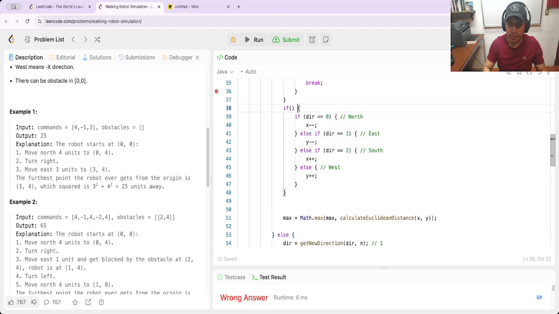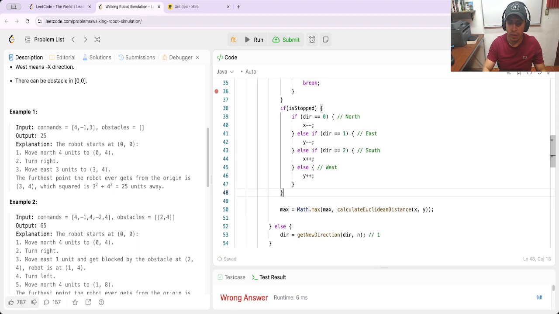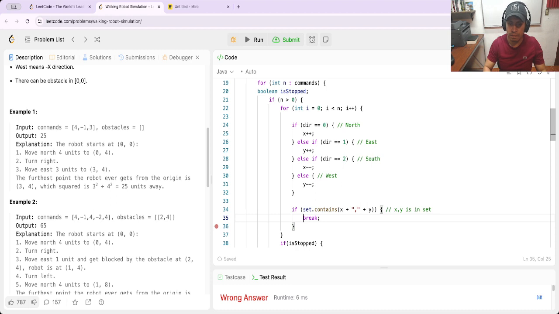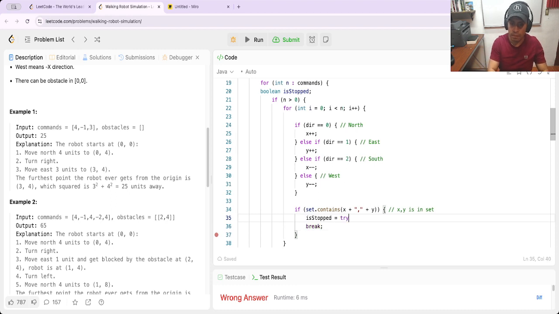Here, no, is stopped, and calculate this, and basically here stopped is equal false. Yeah, and here it's a boolean stopped in true.